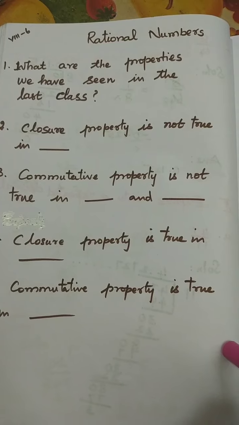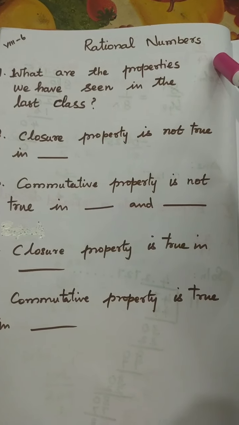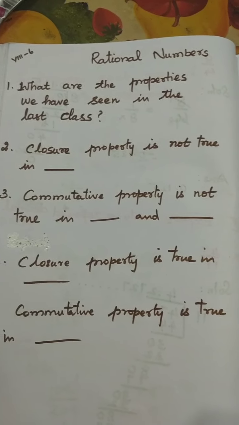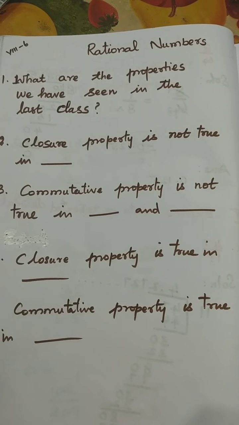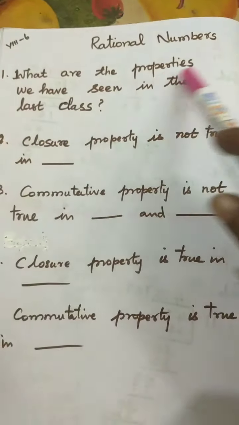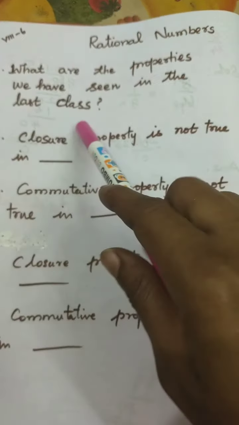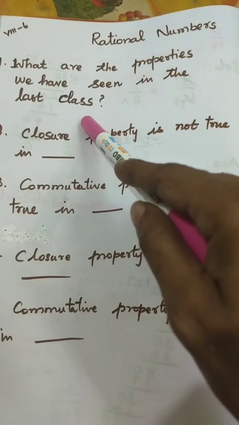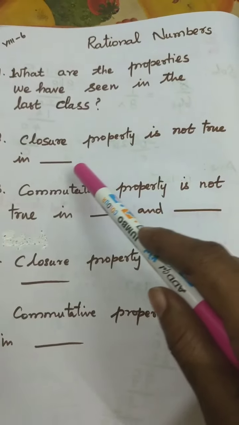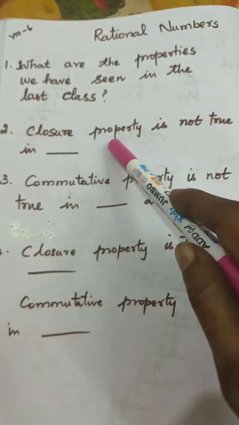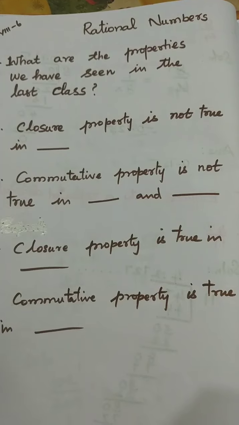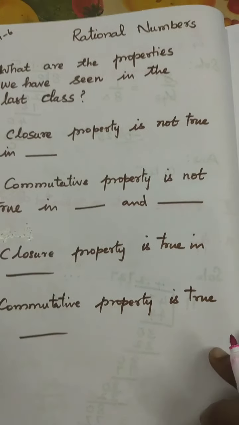In the last class, we saw the closure property and commutative property of rational numbers. We shall recall that. What are the properties we have seen in the last class? Yes, closure property and commutative property. Closure property is not true in which operation?